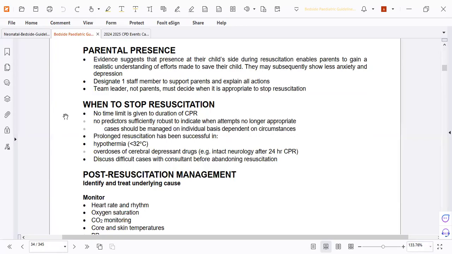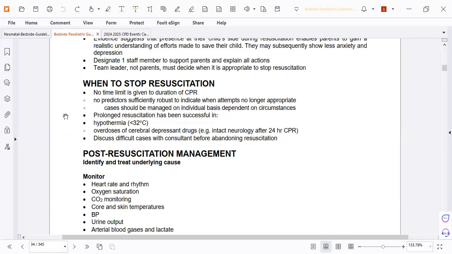When to stop the resuscitation, when you are going to feel that you need to stop the resuscitation. No time limit is given to the duration of CPR, and no predictors are sufficient to indicate when attempts are no longer appropriate. Cases should be managed on an individual basis depending on circumstances.